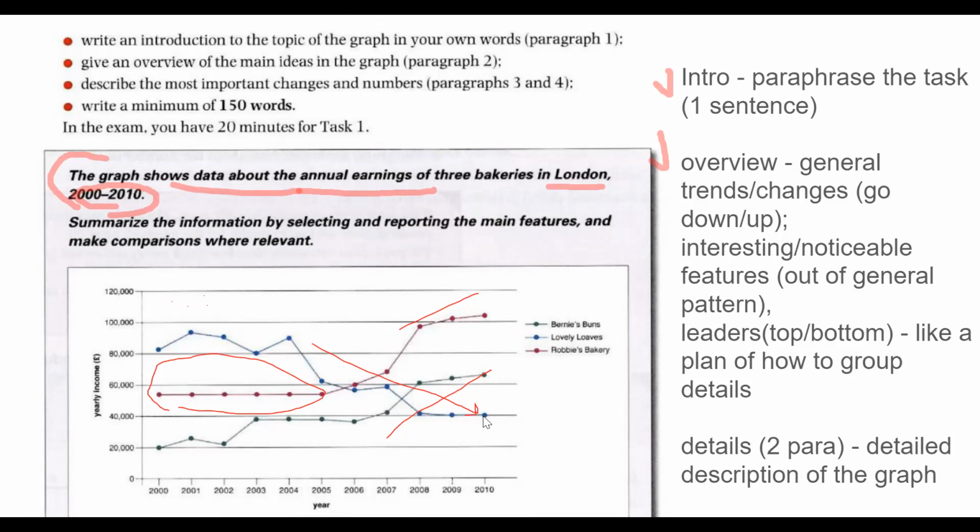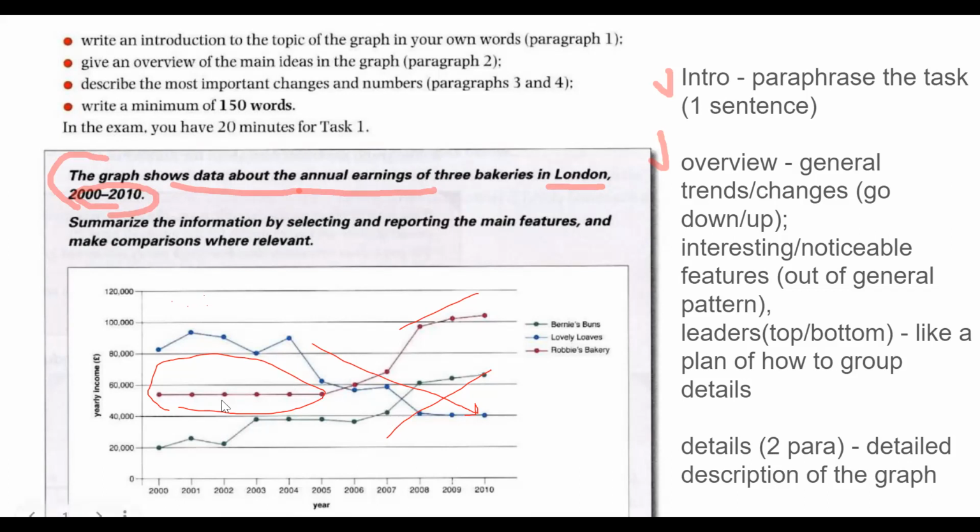And your overview also serves you as a plan for your main body because it is giving you a high score for the integrity of your task, for your coherence and cohesion, if you first put the general picture in your overview: they are rising, this is falling. And then in your details, you follow the same order, just like you mentioned.